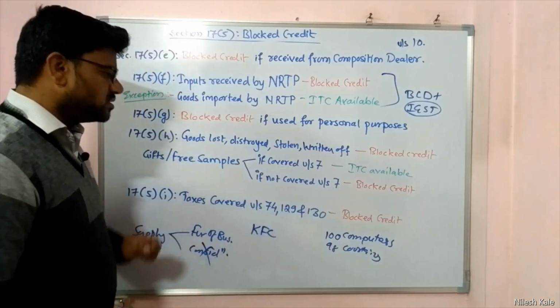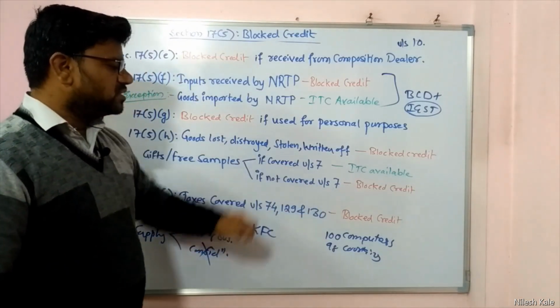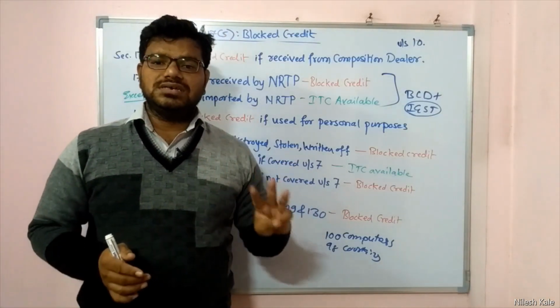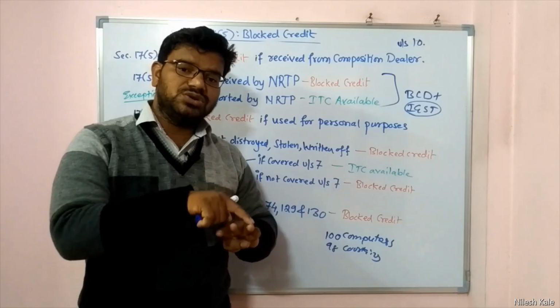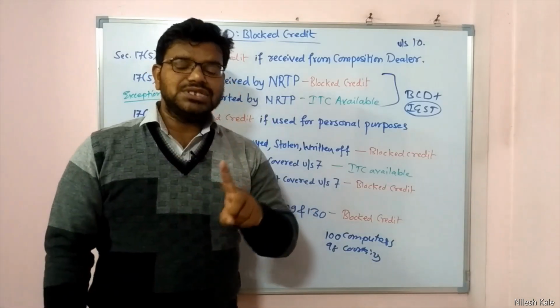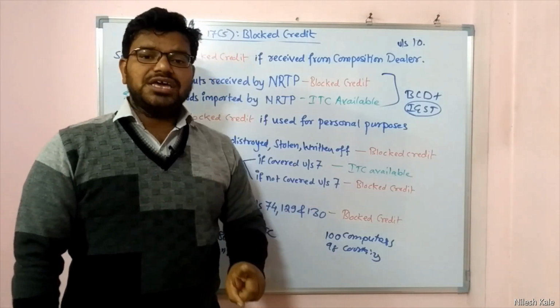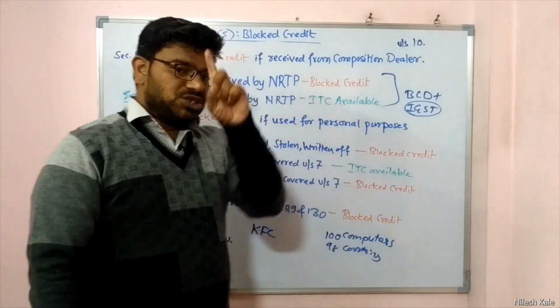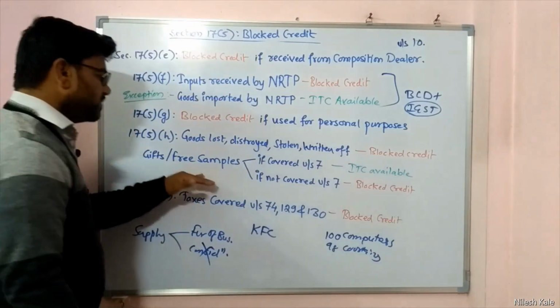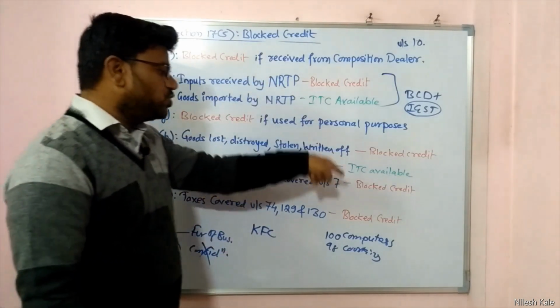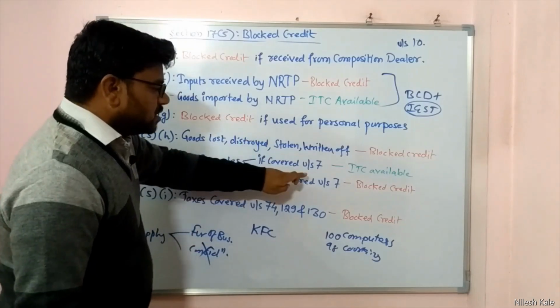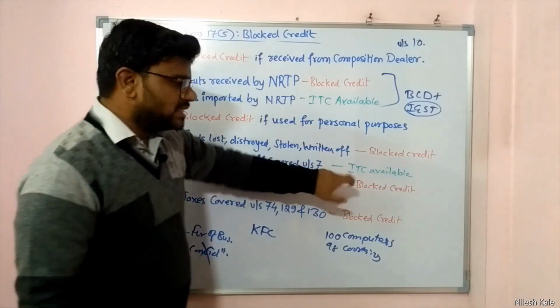In that case, sir, you tell me how it is covered under section 7. Under section 7 there are 3 schedules: schedule 1, schedule 2, schedule 3. Schedule 1 says activities to be considered as supply even if made without consideration, if you remember that. If your gifts or free samples are covered under schedule 1, to be precise, para 6 of schedule 1 under section 7, ITC is available.